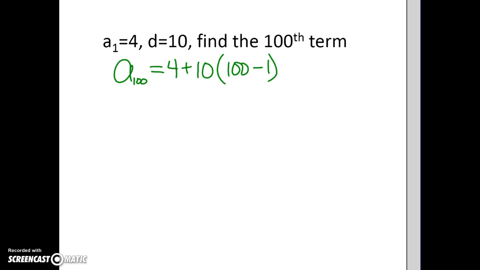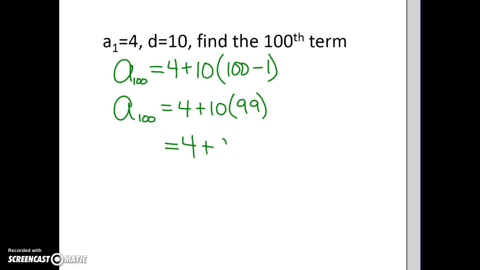So even though I wasn't given a pattern to check, I know by the information I was given that this is an arithmetic sequence, and I can use the formula. So the 100th term is equal to 4 plus 10 times 99. Using order of operations, 4 plus 990. My 100th term is 994.